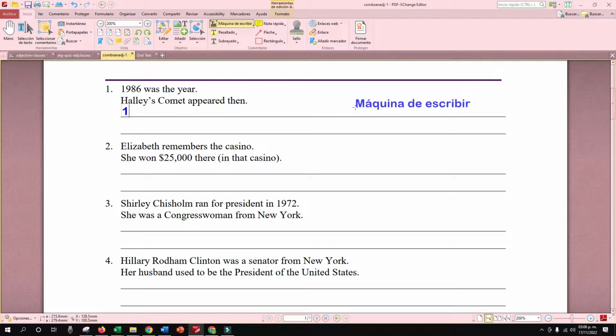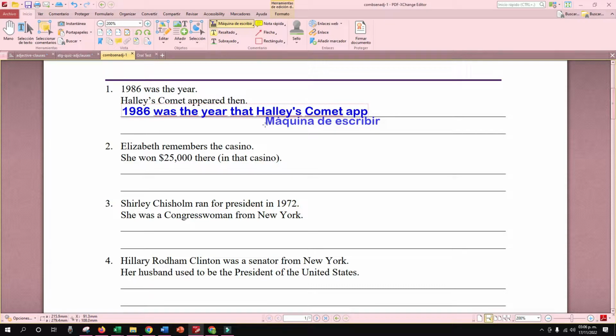So 1986 was the year that, because we're talking about the year, right? So that what? Halley's Comet, that is the name, appeared, right?